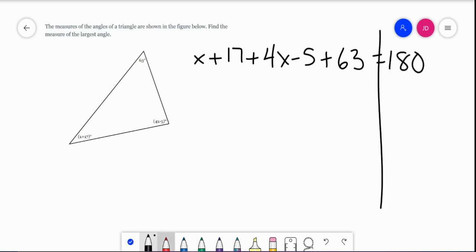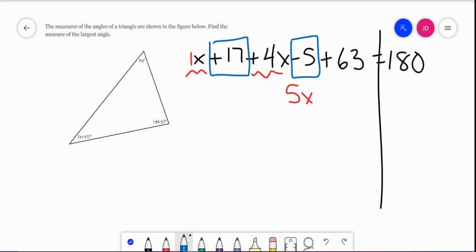Combine my like terms. We got the 1x and the 4x, which is 5x. 17 minus 5, 12, plus 63 is 75, equals 180.